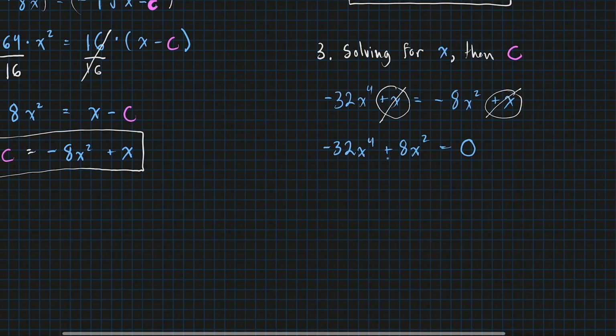So, to find values of x that make this equation true, we have to factor our expression with x here. So let's do that. Let's take an x squared out of each term. Actually, let's take an 8x squared out of each term, because each term here is divisible by 8x squared.